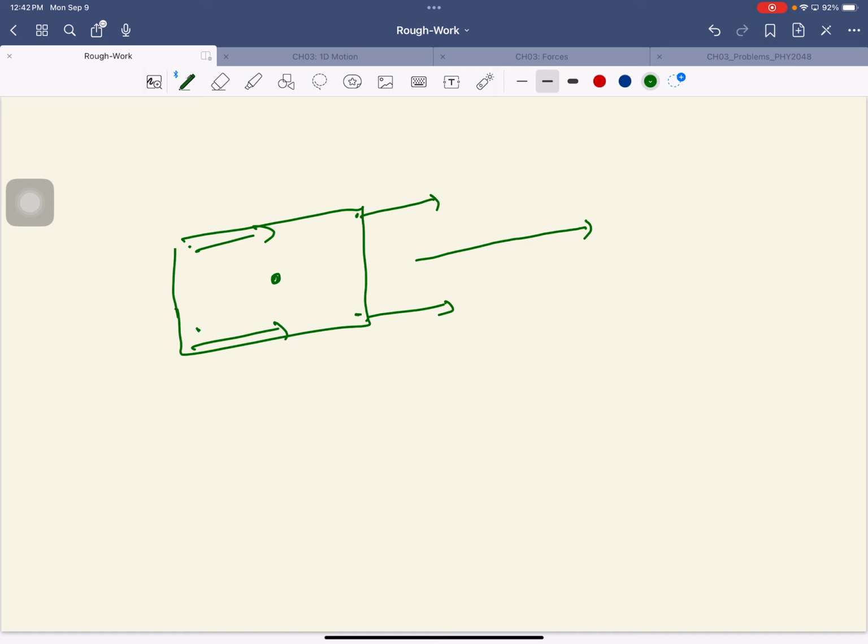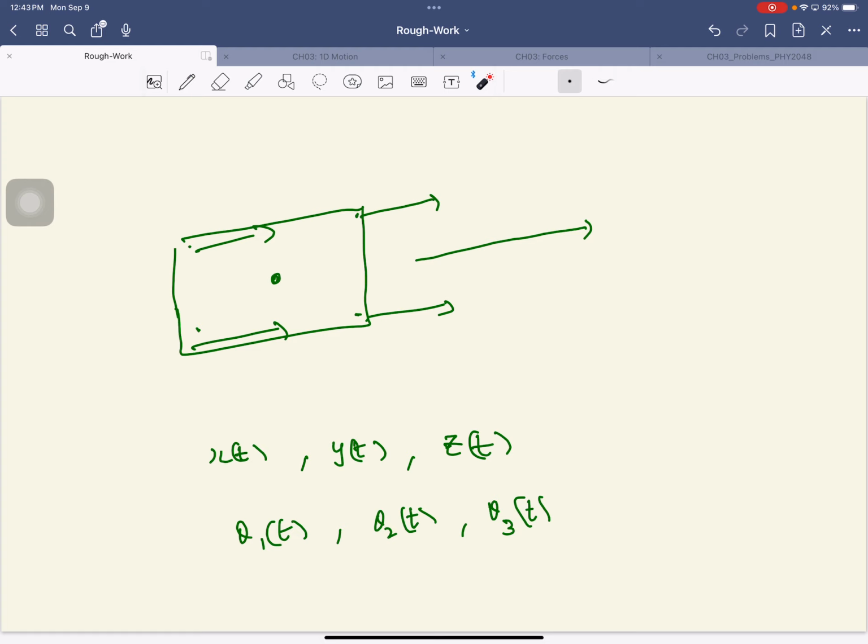When drifting is involved, you need these 3 functions, and then you'll need another 3 functions. I'm just going to write them as angles. So it just gets a little more complicated, a higher dimensional motion. So right now we won't drift. What we're going to do is treat every point as moving at the same velocity, so we can treat this as a point object.